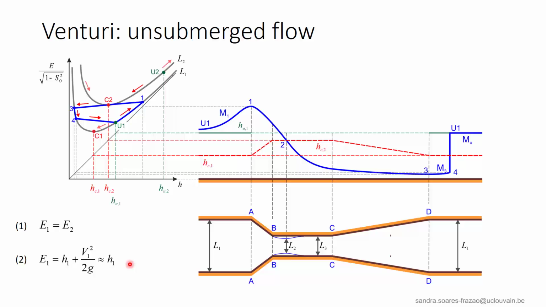Again, looking at the specific energy diagram, we can see that the velocity at point 1 is negligible, in such a way that E1 can be written as in equation 2 here.